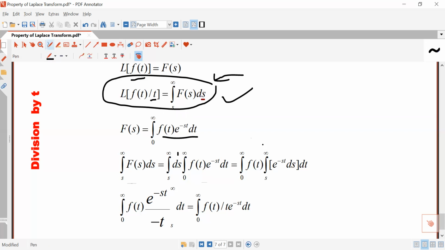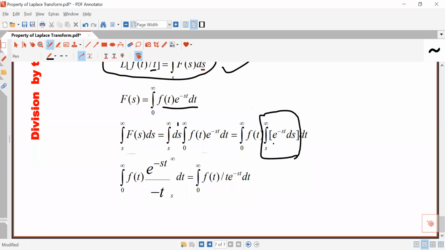And when you integrate e to the power minus st ds from s to infinity, obviously you are integrating this expression with respect to s. So the coefficient of s is t here, and this t will be in the denominator with a minus sign. So you will get this expression from s to infinity, with f(t) and dt here. Then you have to substitute the upper and lower limits in this expression.